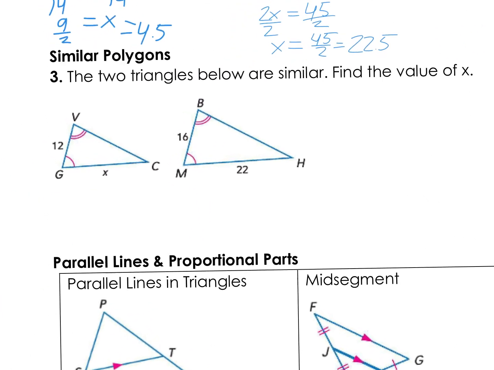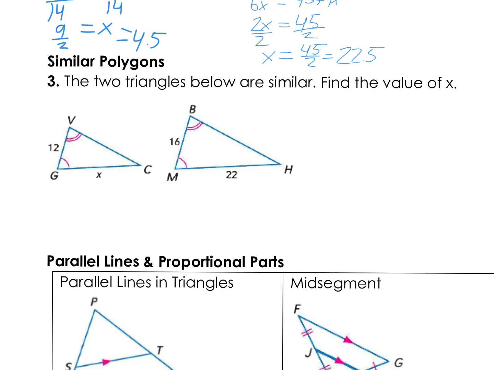Number 3, similar polygons. Two triangles are similar. Find the value of x. We have triangle GVC is similar to MBH. Note the order matters. G and M are congruent, V and B are congruent, C and H are congruent. Therefore, these triangles are similar by angle similarity.